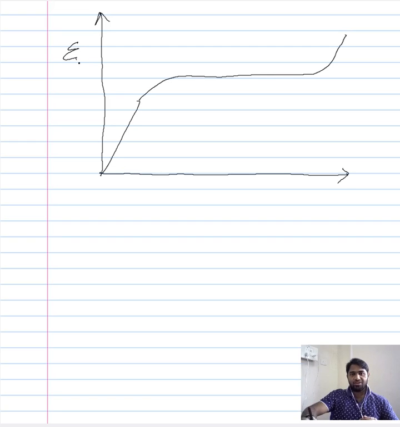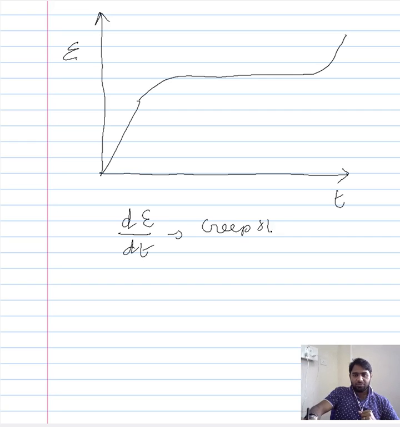So we have our strain and we have our time. The factor that helped us to categorize this overall creep into different stages, without considering the material factors responsible for this behavior, is the slope of the curve. The slope of the curve is nothing but the creep strain rate, or the creep rate.